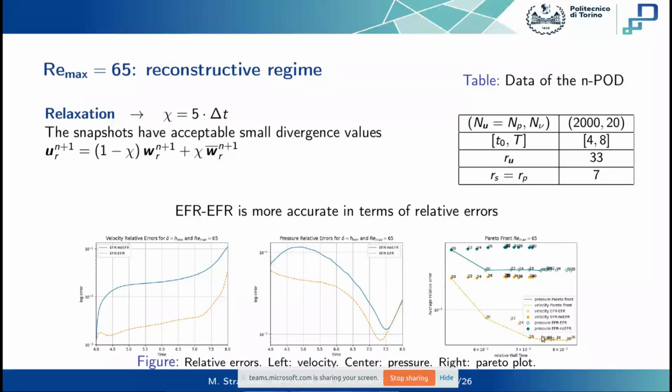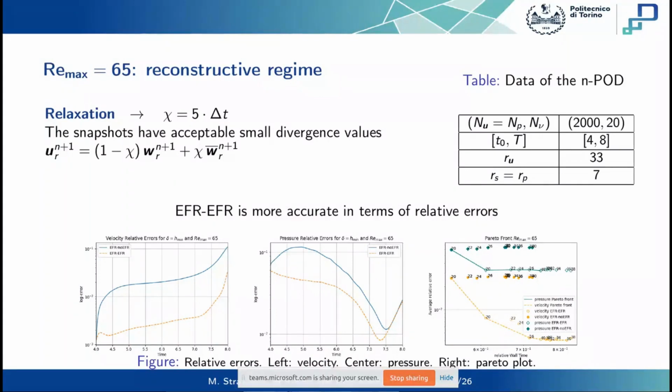So it's always a trade-off. It seems that being consistent is always beneficial if you take your data in a certain way, if you don't go too far with the prediction, and if your problem is well posed for the reconstruction, okay?